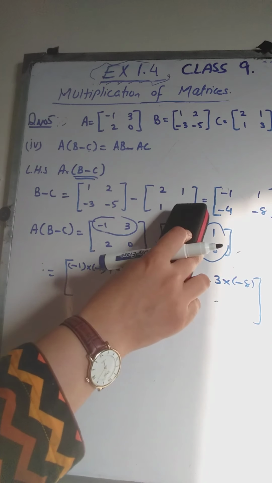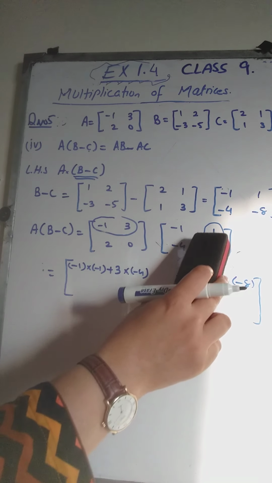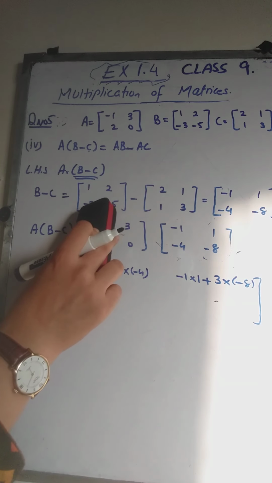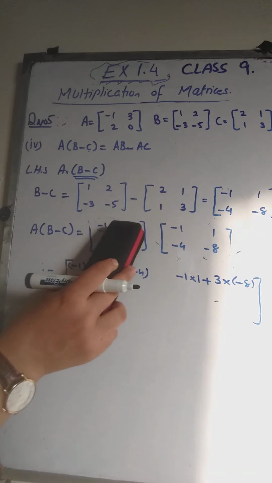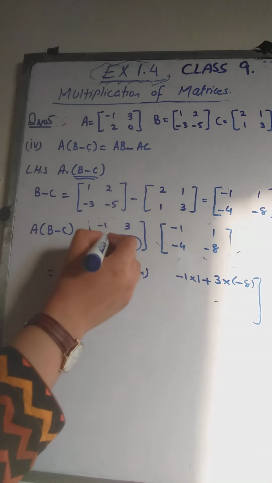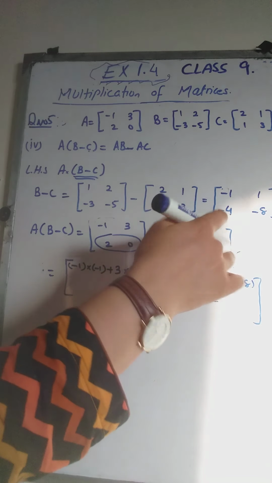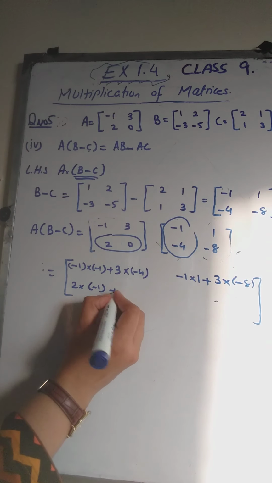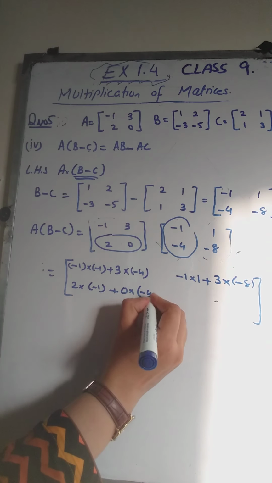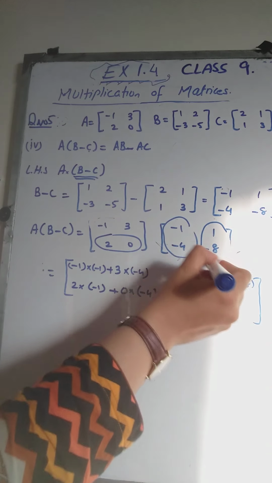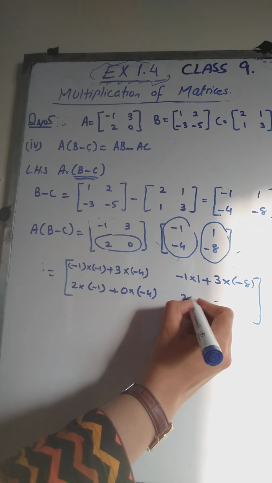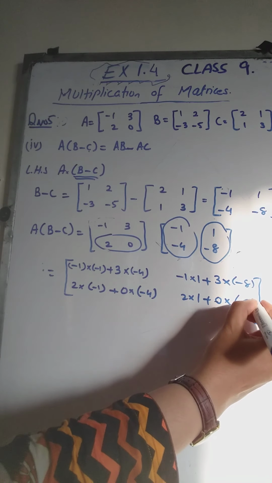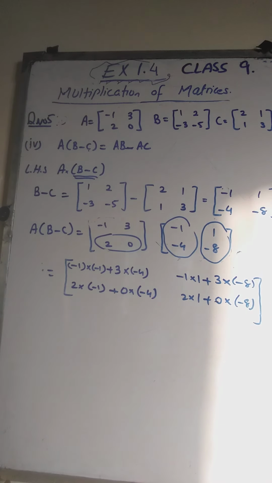Now coming to the second row, 2 and 0, will be multiplied with the first column first and then with the second. 2 into -1 plus 0 into -4, and then with the second column 2 into 1 plus 0 into -8.